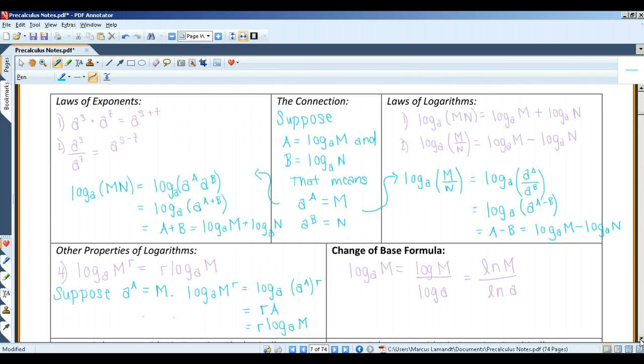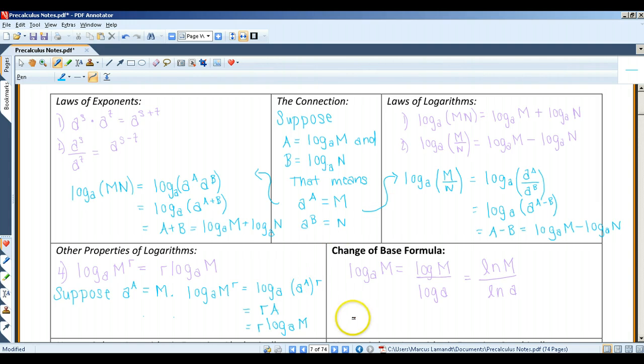Over here I've written down some of the basic laws of exponents and laws of logarithms. Once again, I'm hoping that you guys remember this stuff from algebra. I have also written down the proofs for each of these three properties of logarithms, because I'm hoping that you guys can see the connection between the laws of exponents and the laws of logs.